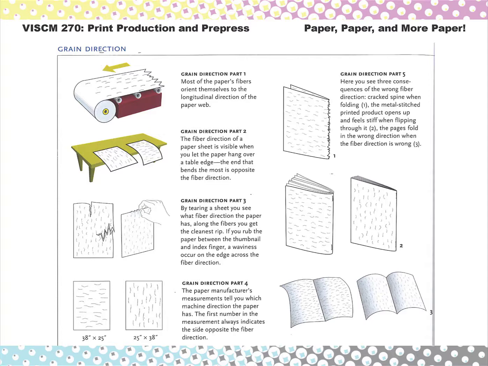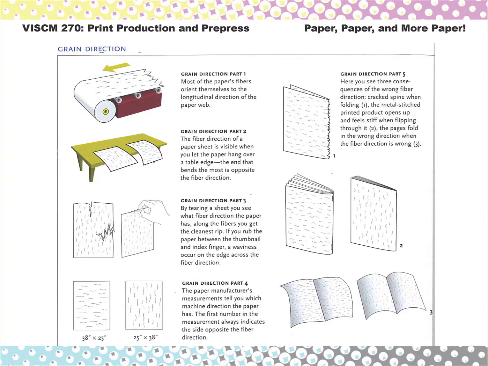There are different ways to tell how the grain goes, and there are these old school methods like hanging it off a table or scratching it with your fingernails. Another one that's not shown here is laying it flat on a table, picking it up, and trying to bend it over one direction versus the other. One way will give more resistance to rolling it over, and the side with more resistance is against the grain.